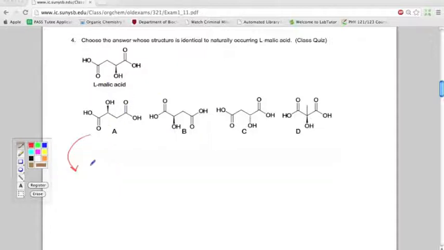So let's redraw. Now, when doing this, wedges and dashes are really important, so don't forget to keep that stereochemistry.